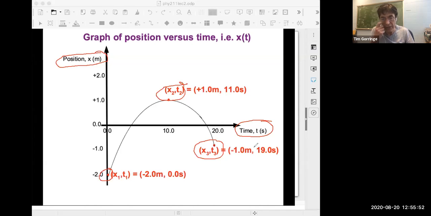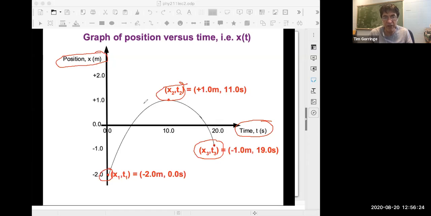The cart took 19 seconds for the entire journey, and its final position was -1 meter. So those 3 points that I picked out on the little demonstration are these 3 points here. But this black line, this curve, really describes the entire motion of the cart through space and time.